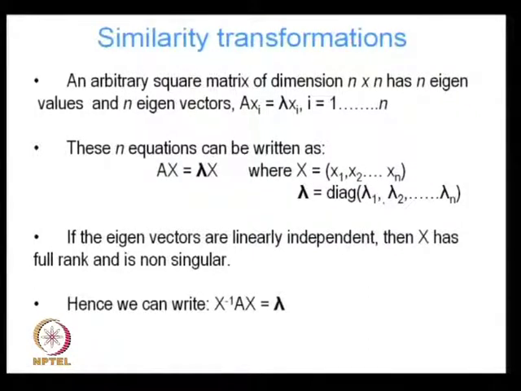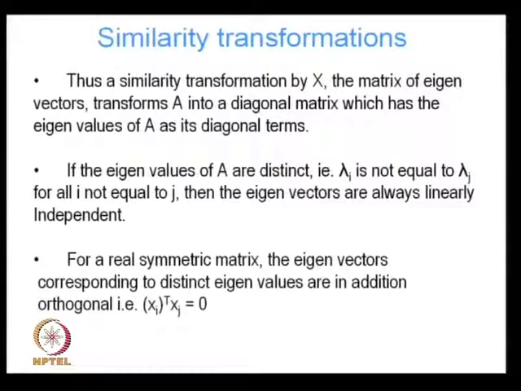And recall, lambda is a diagonal matrix, that is, it has zeros everywhere, and lambda 1, lambda 2 through lambda n on the diagonal.